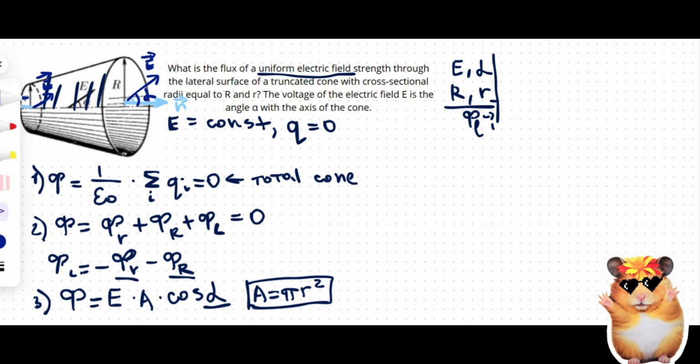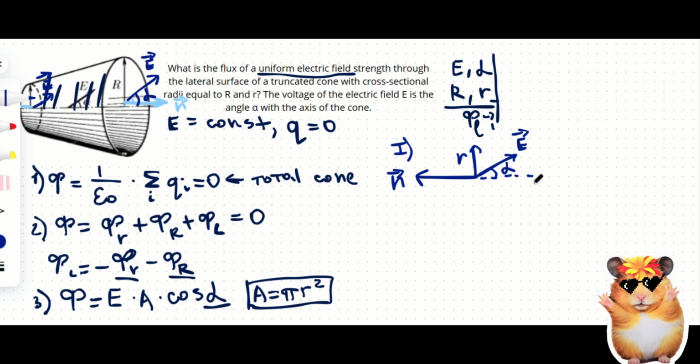To make it clearer, I'm going to draw it there. So for the small base, it is our normal, no, it's not electric, it is our normal, the radius small r, the electric field direction, and also the angle there.